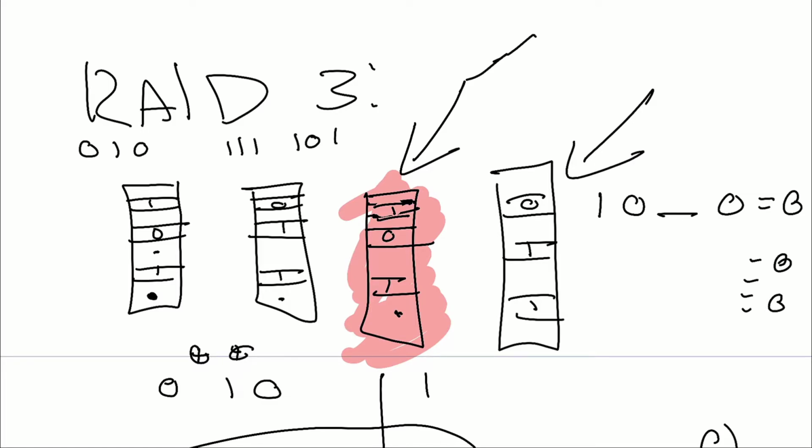So all you have to do to figure out what this should give you is run XOR on the remainder of the bits. So run XOR on the 1 0 1. Remember, 1 0 or 0 1 in XOR gives you a 1, and 0 0 or 1 1 gives you a 0. So if you run XOR on this, this will give you 1, and then, sorry, I ran it on the wrong value.